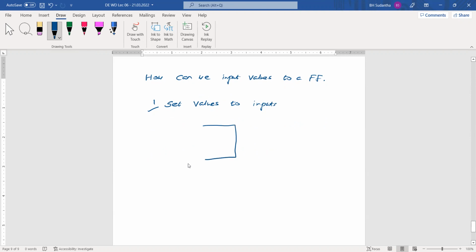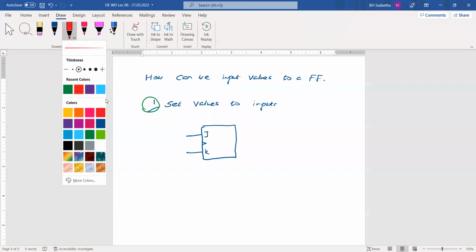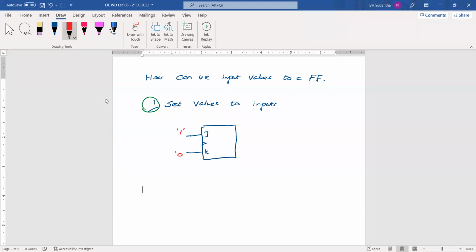For the moment, shall we draw JK? Now, this is the first step. And here we set this value to 1, and this to logic 0.